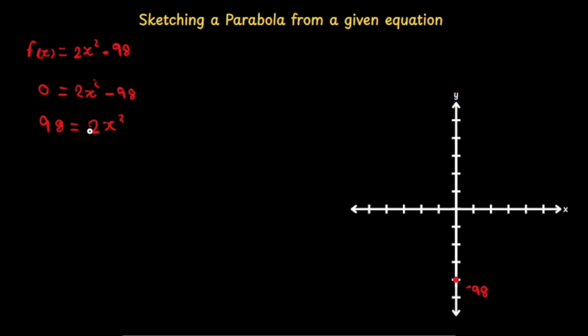Getting rid of the 2 that is attached to my x squared, I would now obtain 98 over 2 is equal to x squared. Now I am solving for x and not for x squared. So I am going to root both sides. If I root both sides, I would get the square root of x squared is equal to the square root of 98 divided by 2, which is 49.